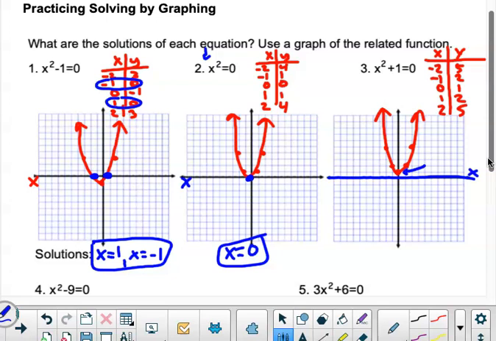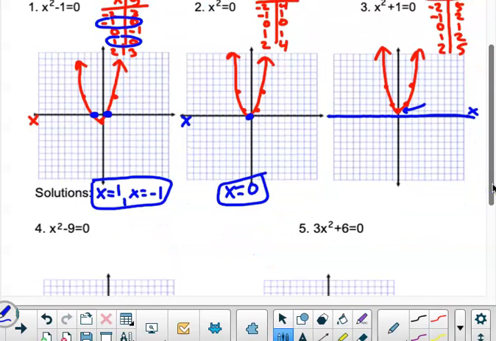This is the minimum right here, which means it's never going to get to the x-axis. There's no point where my red parabola is crossing that x-axis. So this is an example of a quadratic formula that has no real solutions. It doesn't cross the x-axis anywhere.